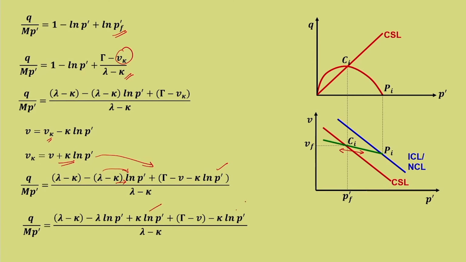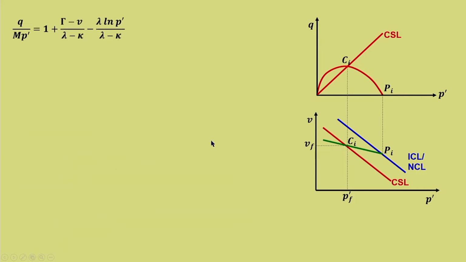So this and this goes away. So after simplifying, we can write q by m p dash is equal to 1 plus gamma minus V upon lambda minus kappa minus lambda ln p dash upon lambda minus kappa.